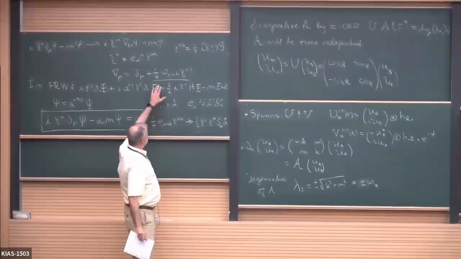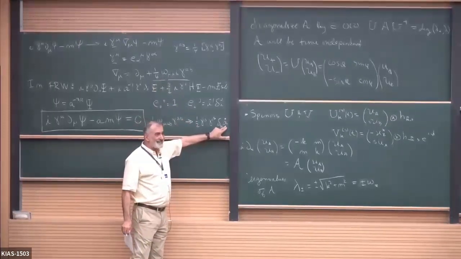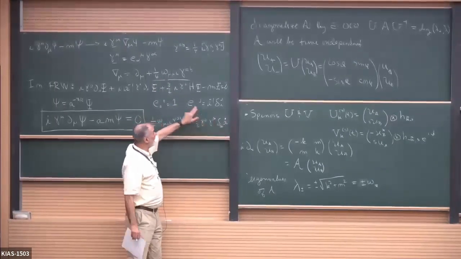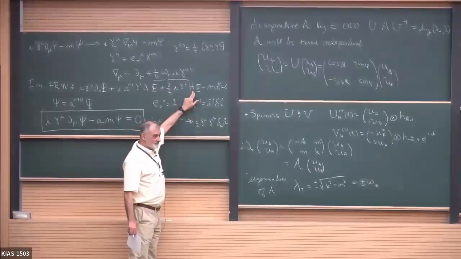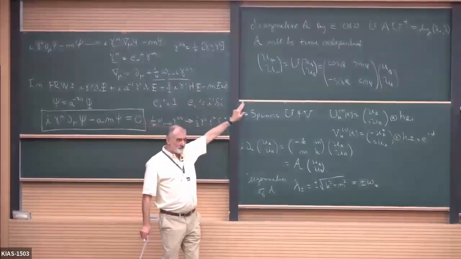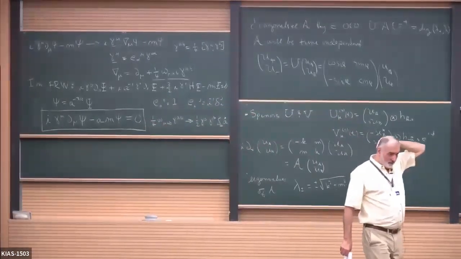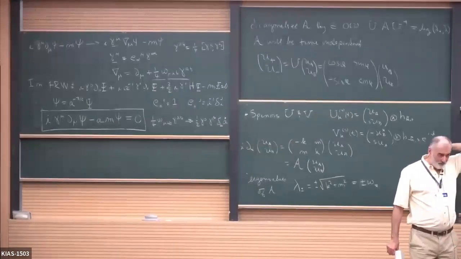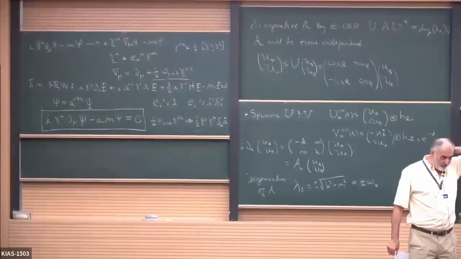So this term in the covariant derivative is going to bring in an A dot, which eventually gets factored into H. It will look like some kind of interaction term in Minkowski space. It's the interaction of the spinor field with gravity.